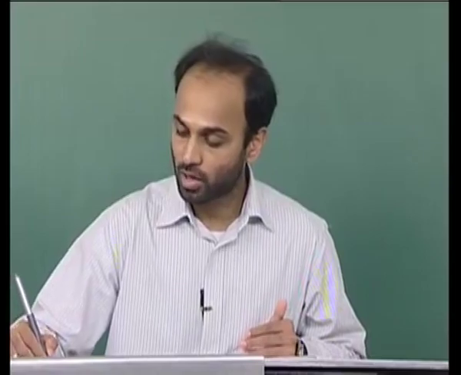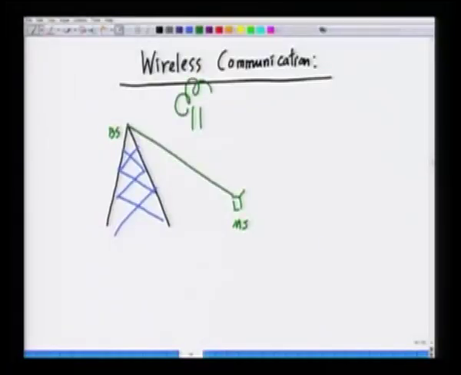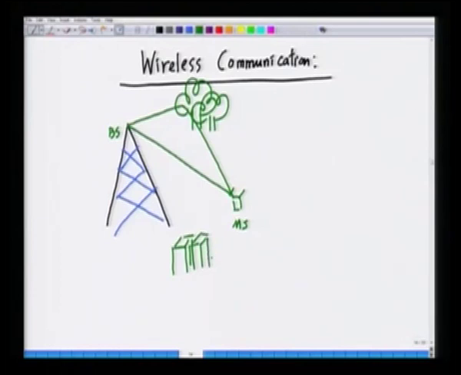Namely, let us look at some scatterers in the environment, such as trees. What I am drawing here are essentially trees, and they scatter the wireless signal. There are also other buildings, because most of these systems are employed in urban city environments, and in such environments there are other scattered components that are reflected off buildings.